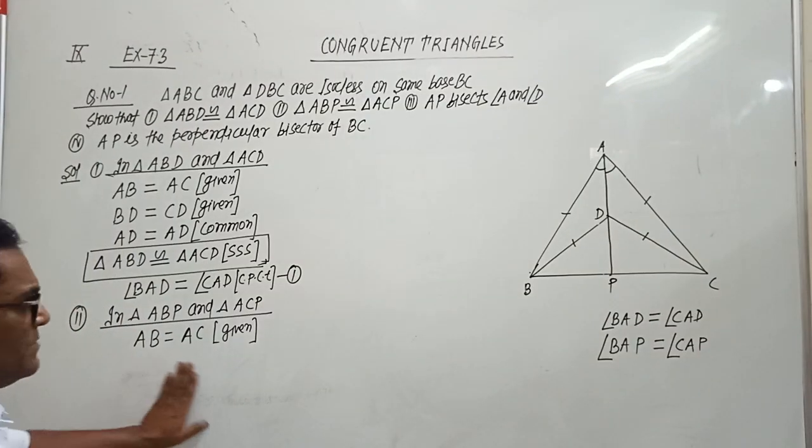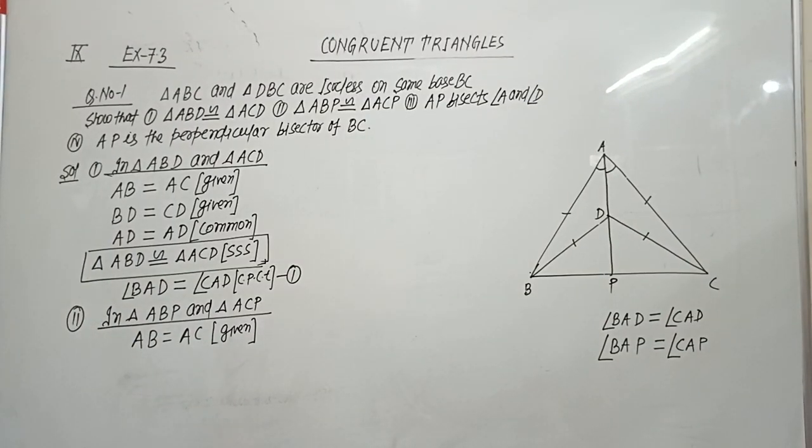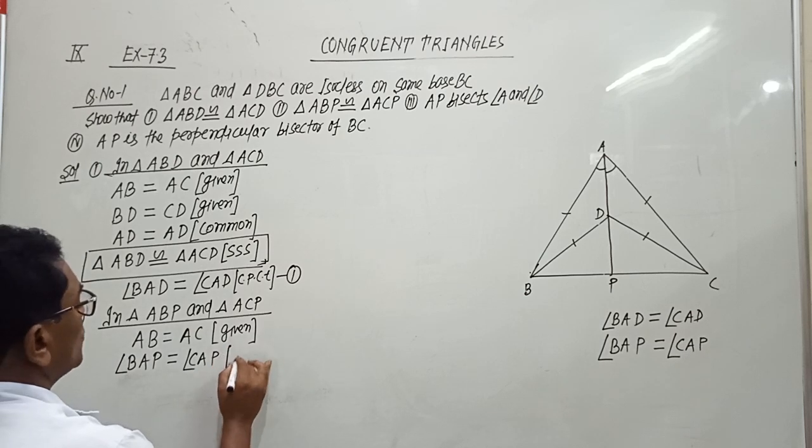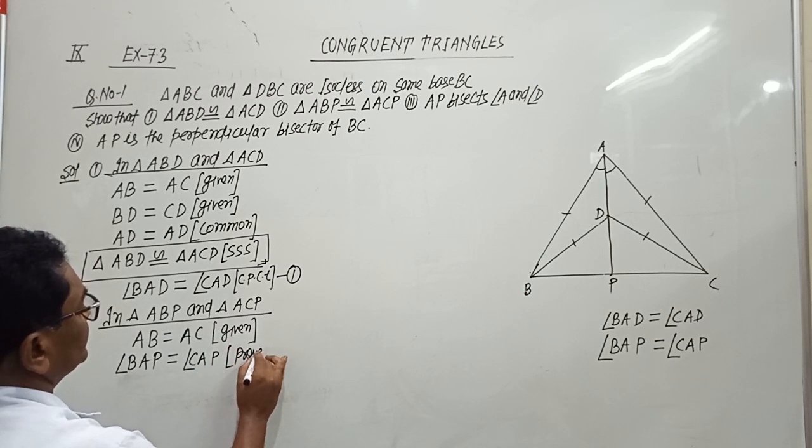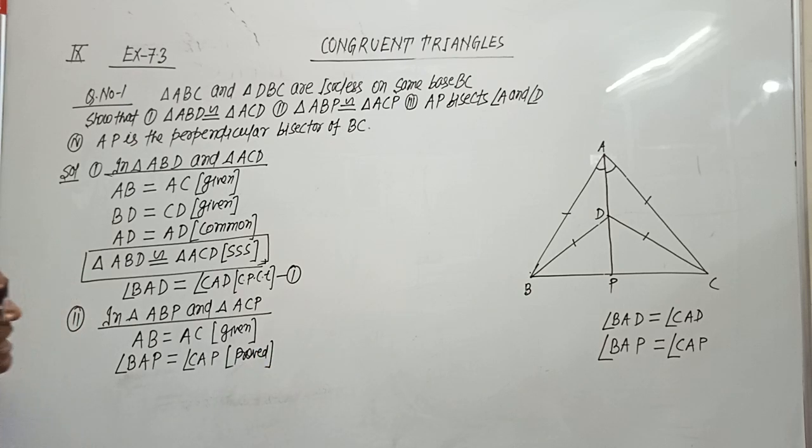So here AB equals AC, angle BAP equals angle CAP, proved earlier, and side AP is common for both triangles, AP equals AP.